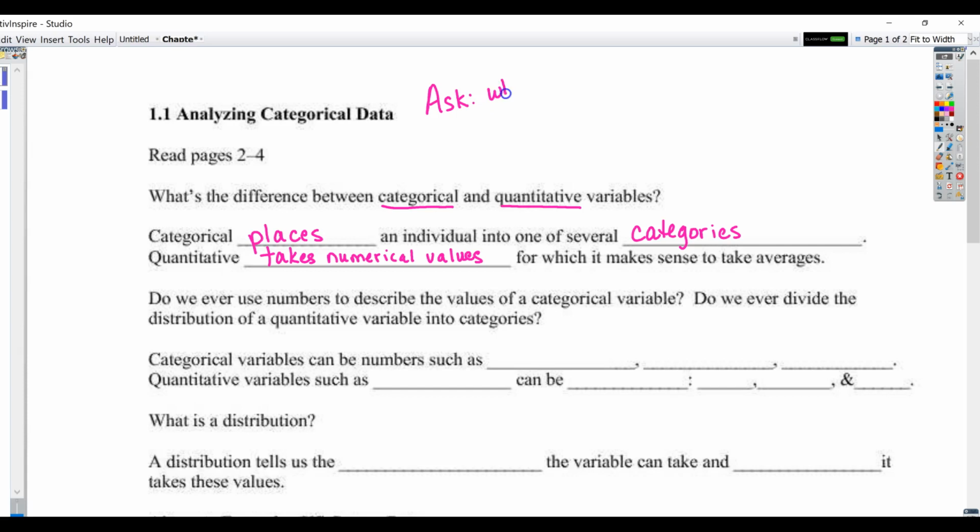So we'll just say who is being analyzed or looked at. You can think of it like that. And then also what, more specifically, is being measured. These are the kinds of questions that will help you answer multiple choice questions that are in depth. So who is being analyzed and what is being measured.